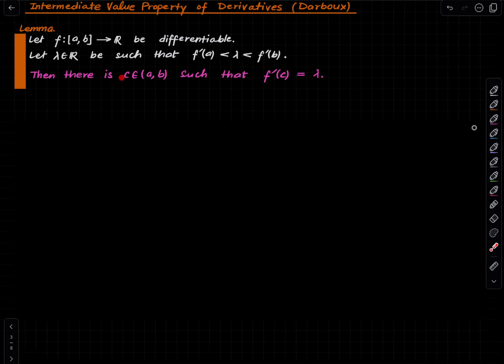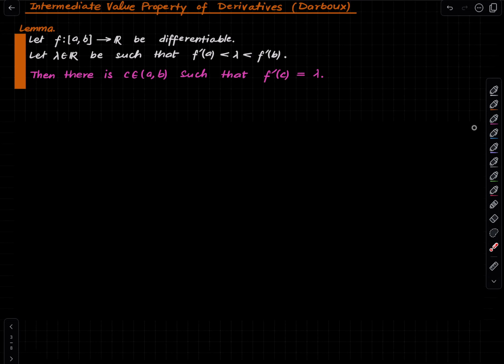Then the claim is that there is some c strictly between a and b, such that the derivative at c is equal to lambda. So if the derivative of a differentiable function assumes two values, then it also assumes all the values in between.